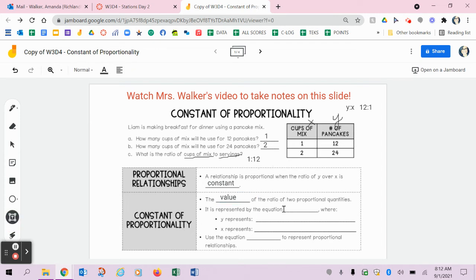It's represented by the letter k, that's the constant of proportionality. We solve it by doing y divided by x. Y is your dependent variable, and x is your independent variable.